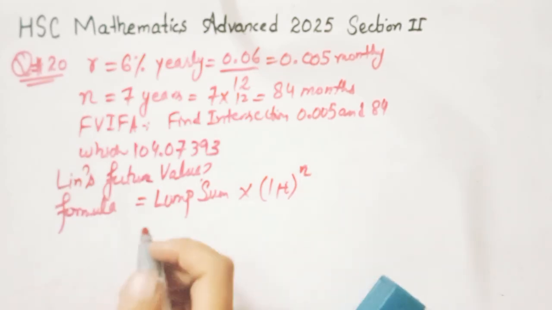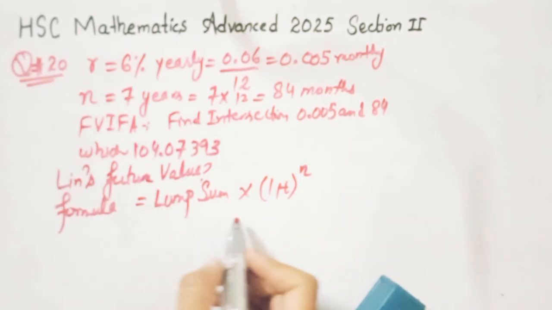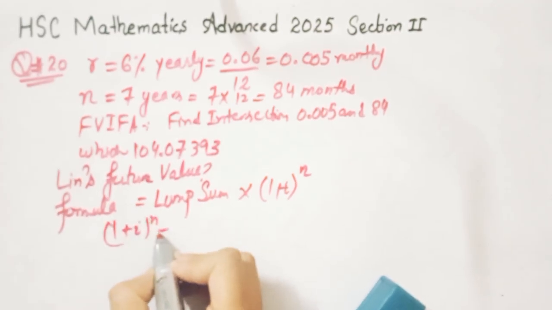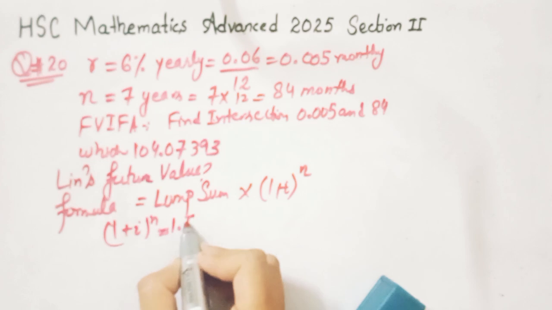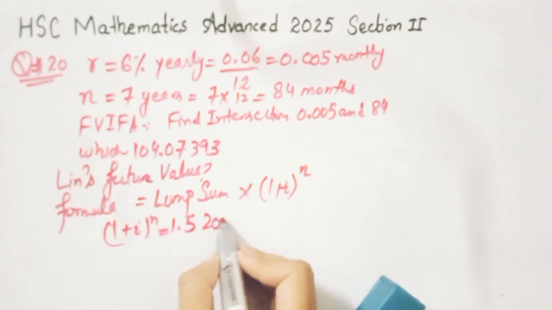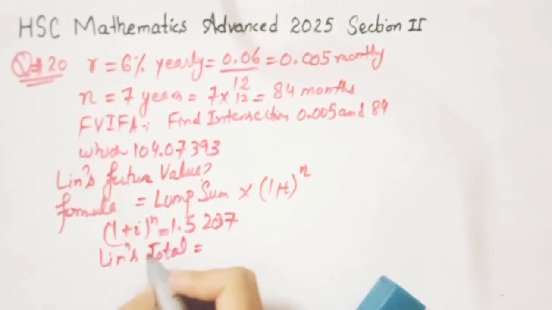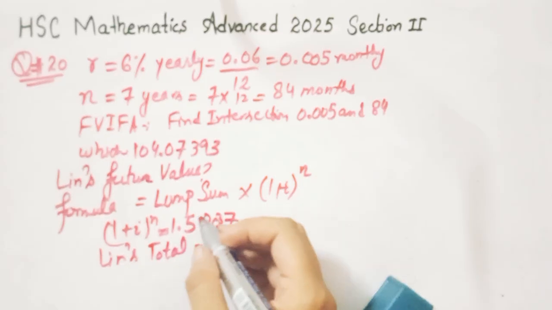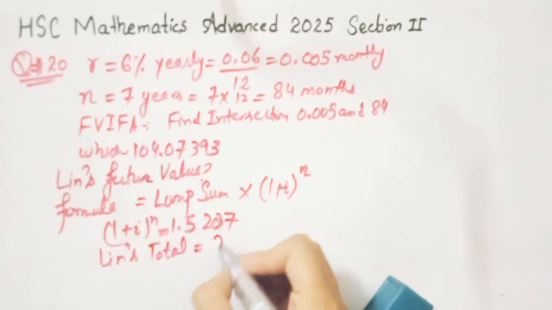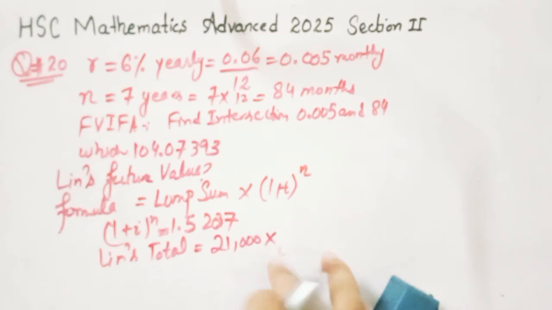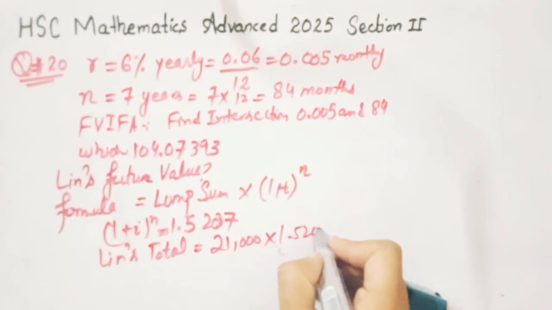So how will we solve this? From the factor table we get 1 plus i raised to power n is 1.52037, and Lin's total value is found by multiplying this by the lump sum, that is 21,000 times 1.52037.